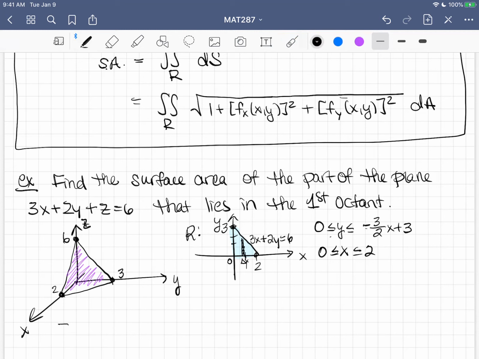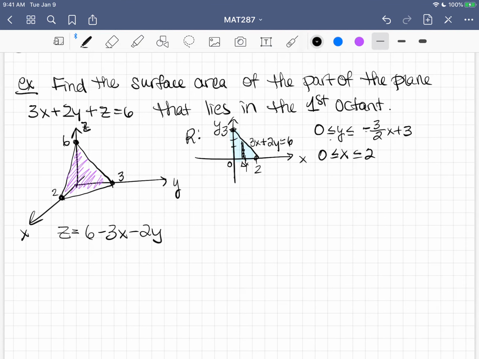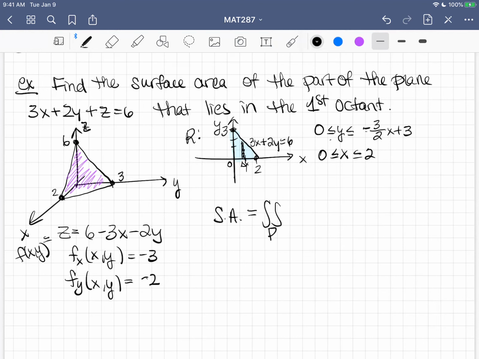So first of all, I want z equals 6 minus 3x minus 2y. And now, what is f_x? This is my f of x, y. So the partial with respect to x is just negative 3. Partial with respect to y is just negative 2. All right, so surface area is the double integral over R of the square root of 1 plus f_x squared, so negative 3 squared, plus partial with respect to y squared, negative 2 squared, dA.